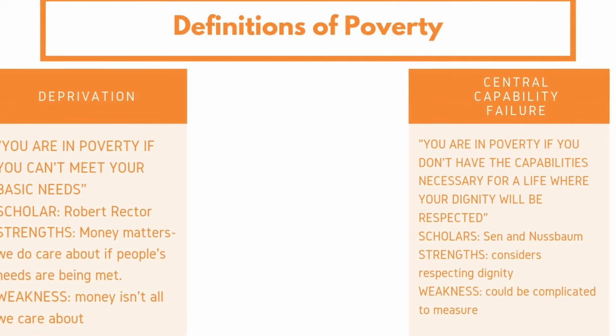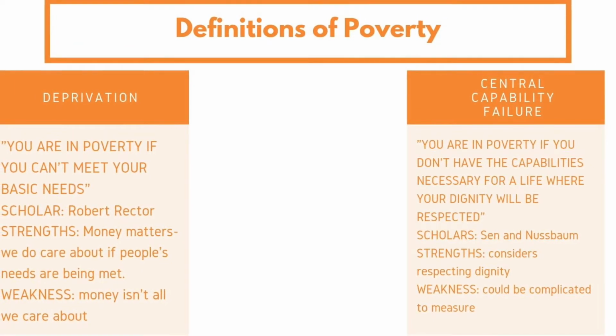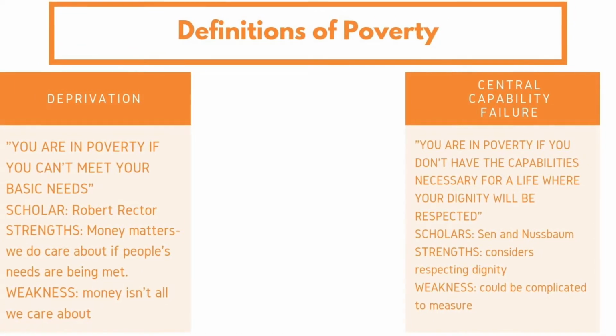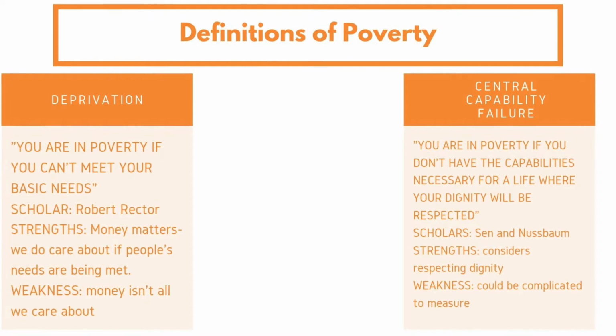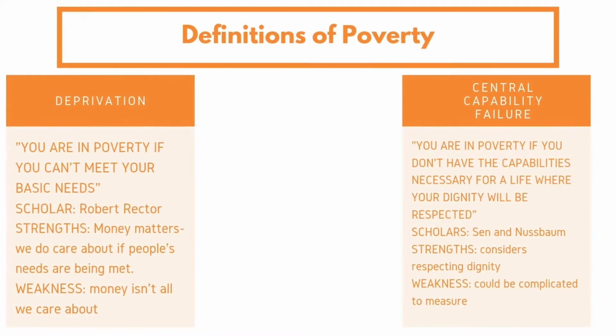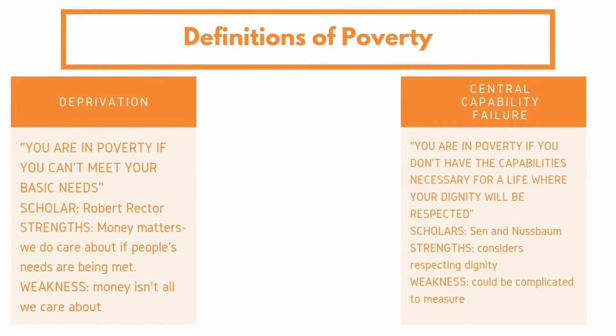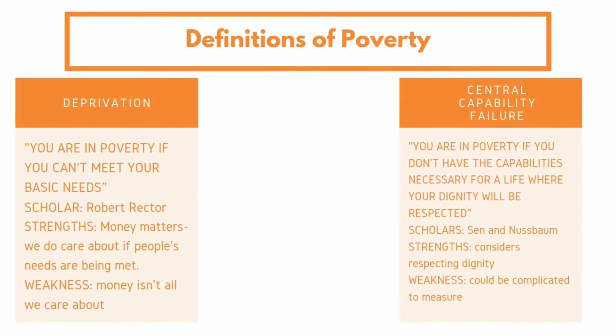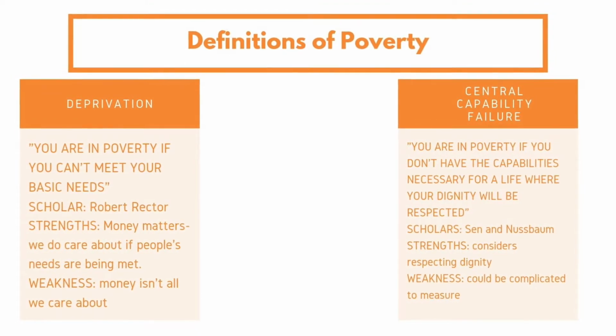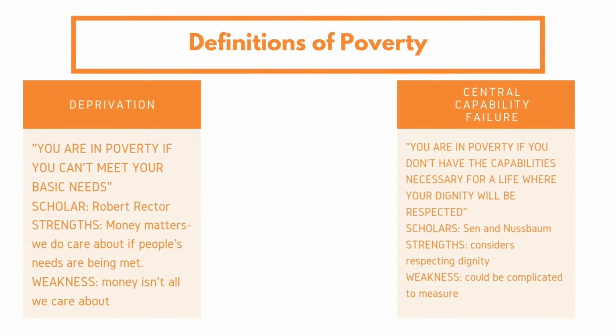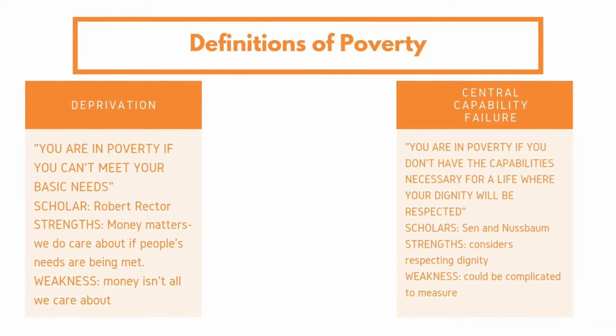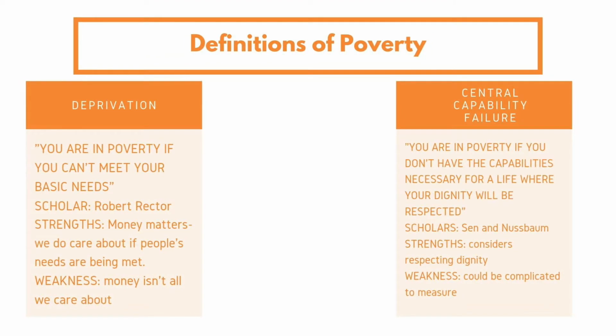These could involve basic needs, like having the right to life or the ability to be nourished. Or it could be more complex things, like having access to leisure time or education. Some people argue that this definition isn't a good one because it would be complicated to try to measure people's capability. We'll discuss later whether we think this is a valid objection.